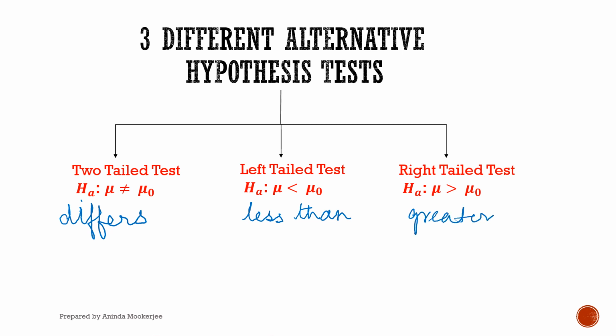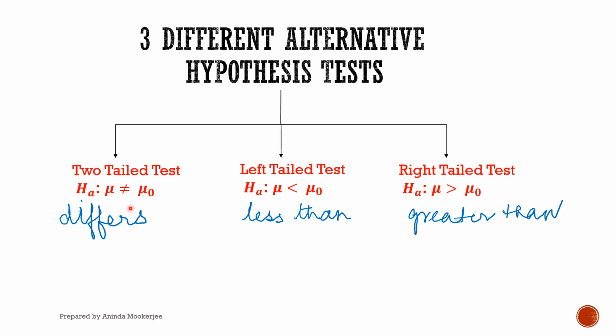All right, now associated with each of these statement types, we have what's called a tailed test. We'll go into tailed tests in greater detail in future slides, but for the time being, just know that the tailed test is related to the alternate hypothesis statements.